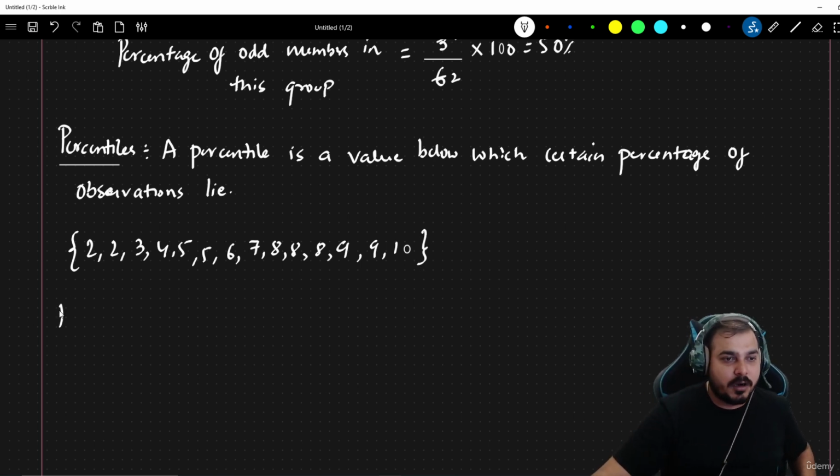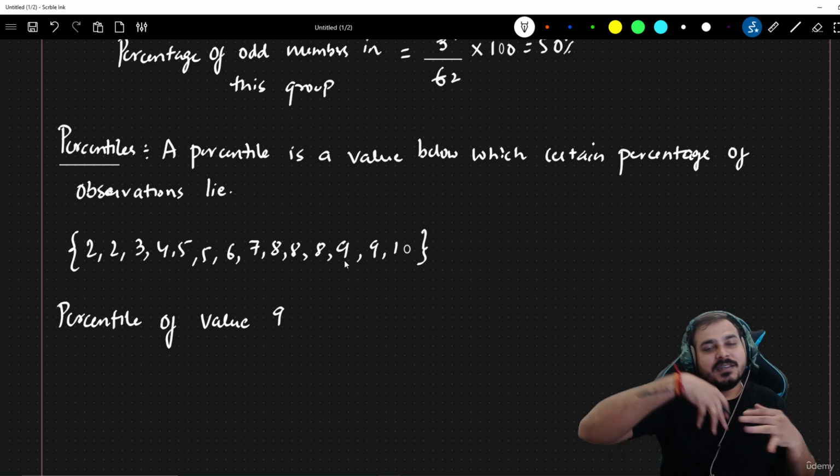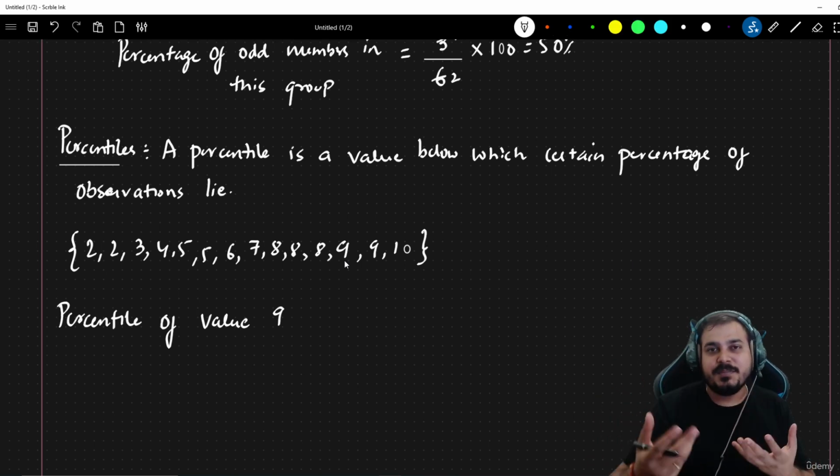Now, if I really want to find out the percentile of a value, let's pick up 9. I want to find out what is the percentile of this specific value 9, like whether it is 25 percentile, 50 percentile, or 60 percentile.